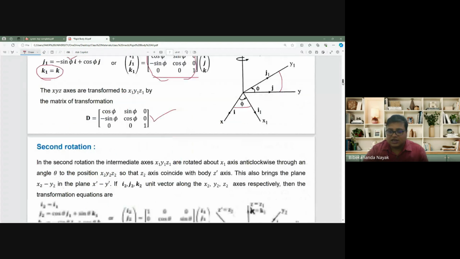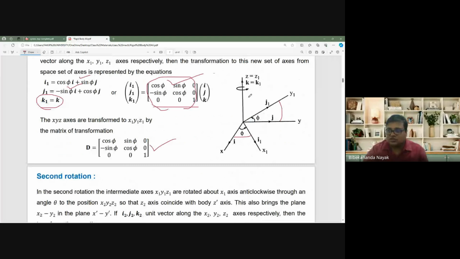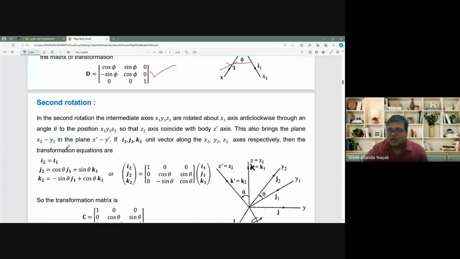Then we go to the second rotation. After the first rotation we got x1, y1, z1, and now our new axes are x1, y1, z1. Now we rotate these. The second rotation is about the x1 axis anti-clockwise through an angle theta, with the new position x2, y2, z2, so that the z2 axis coincides with the body z prime axis.